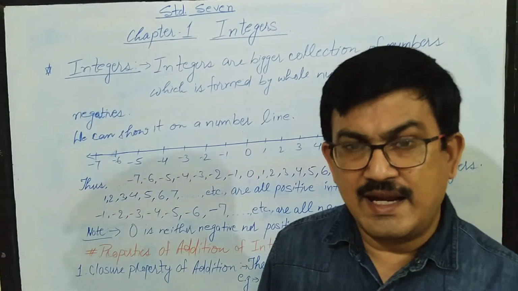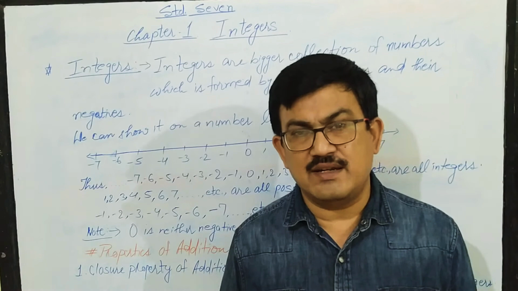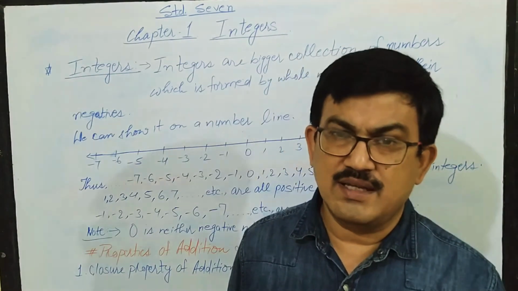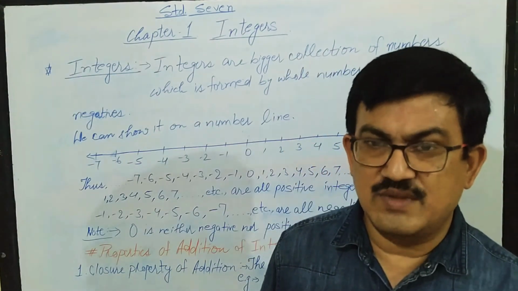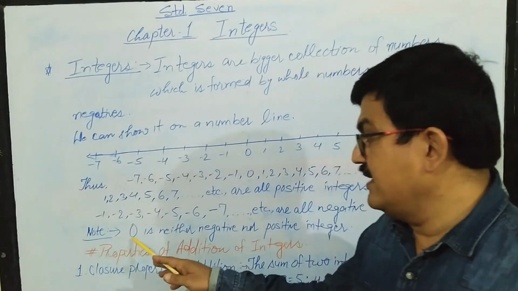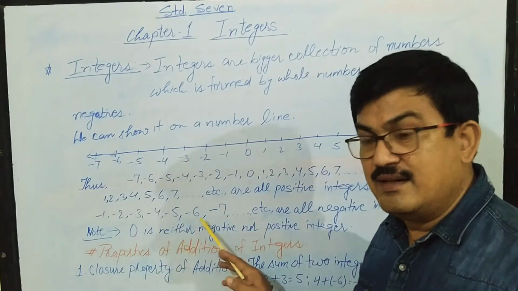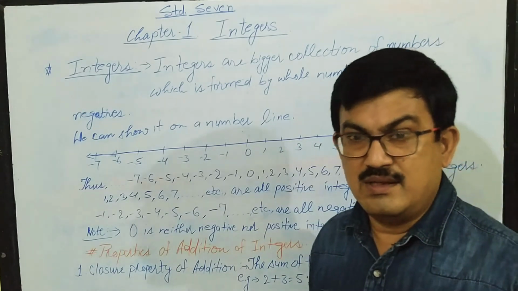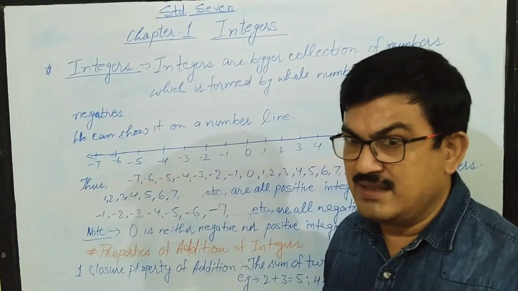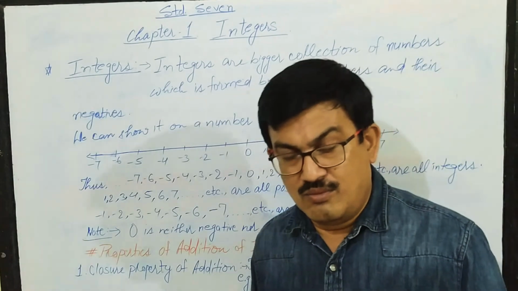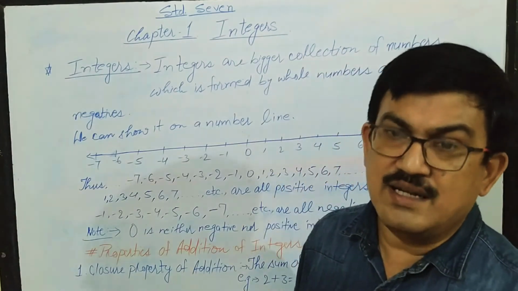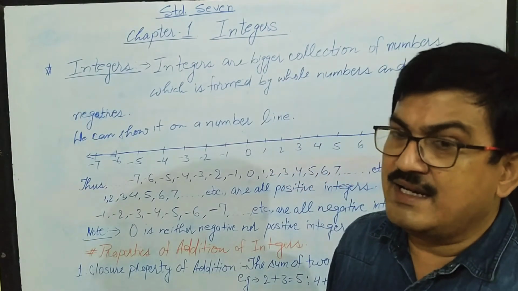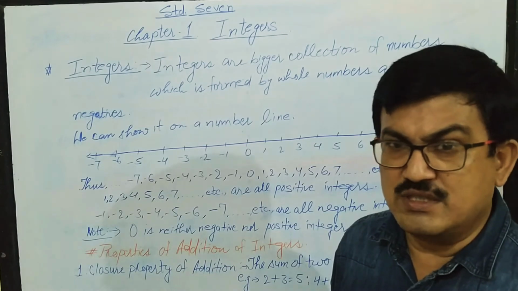So either you are adding 0 or subtracting 0, in both cases your result is the same. That's why 0 is neither a negative nor a positive integer. Now it is very clear what an integer is: positive integers, negative integers, and 0 is neither.